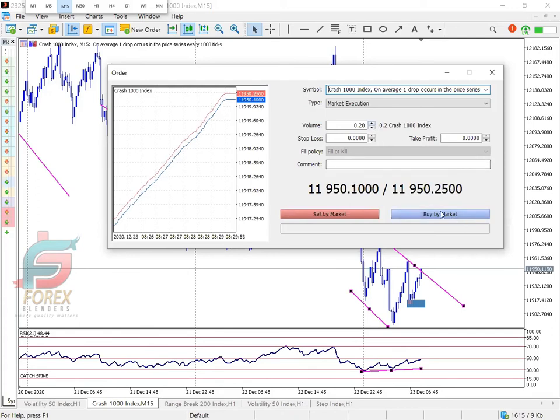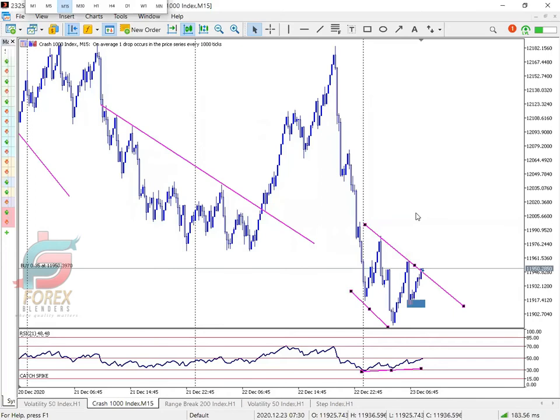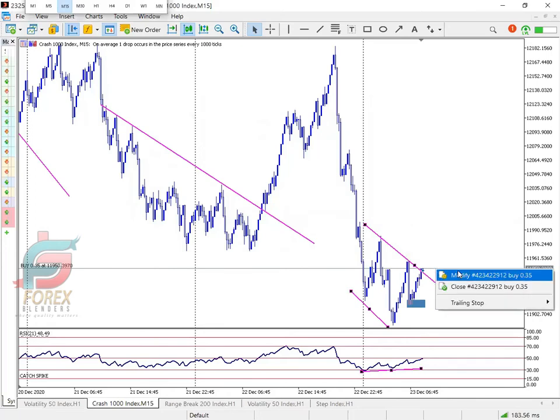Okay, so let me place buy. I'll edit later. So let me place 3. I'll close the rest. I'll close 0.2 to remain with 0.1. So let me add 5. So buy. Okay.